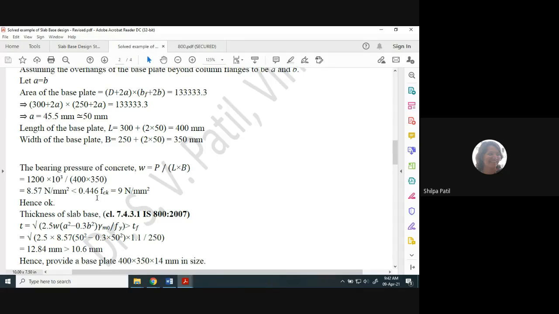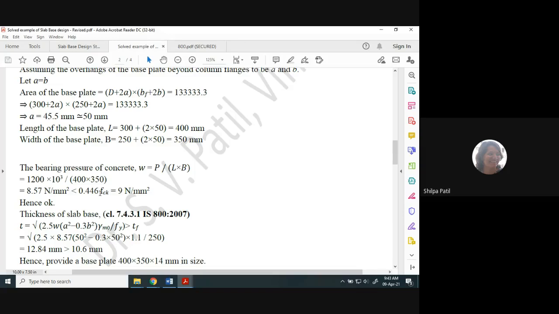The bearing capacity of the concrete is 9 Newton per mm square. Suppose you have provided the dimension of the base plate so small that the bearing pressure acting on the concrete below the base plate is higher than the bearing strength of the concrete.